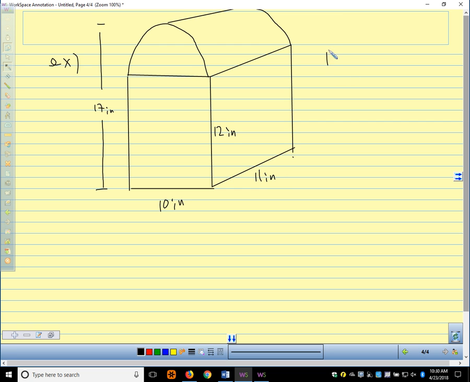And we want to find the volume. Well, we think for a second. We realize that we don't have the formula for the volume of a mailbox. So what are we going to do?